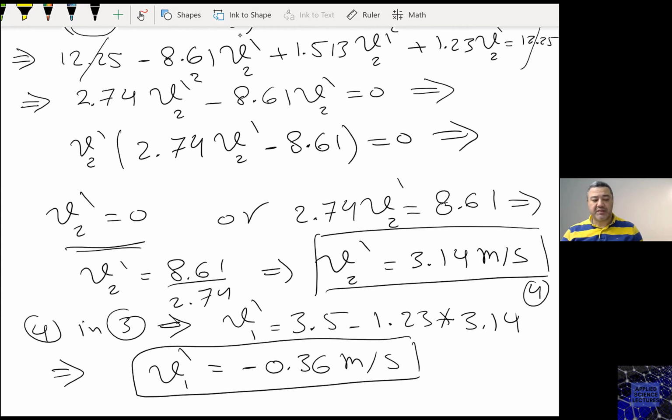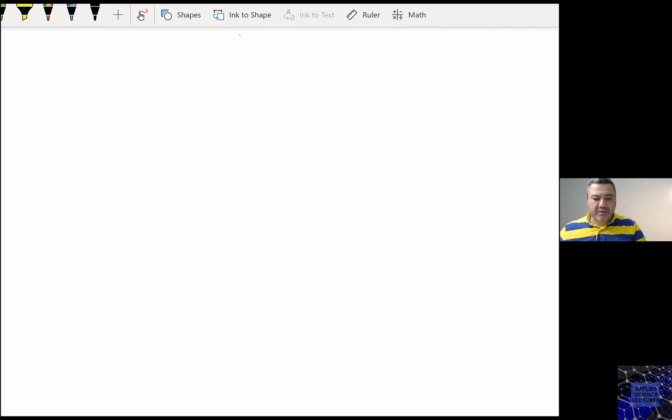Notice that I assumed v1 prime and v2 prime to be in the positive direction. The calculation told me that v2 prime indeed is in the positive direction, however v1 prime is in the negative direction.